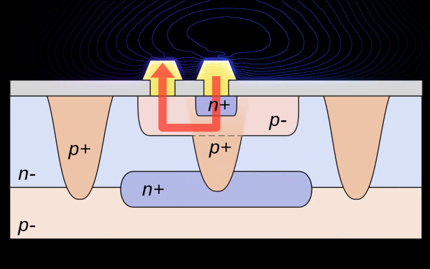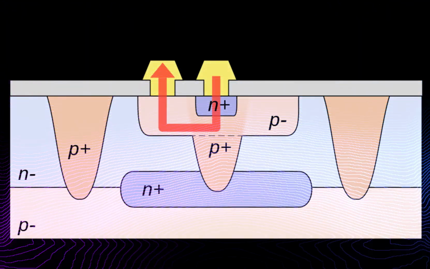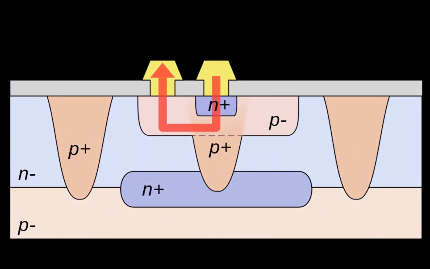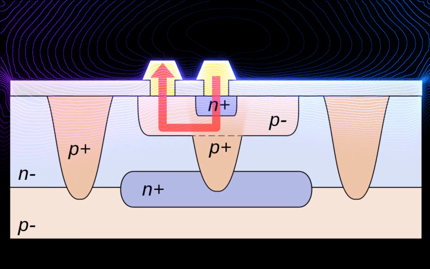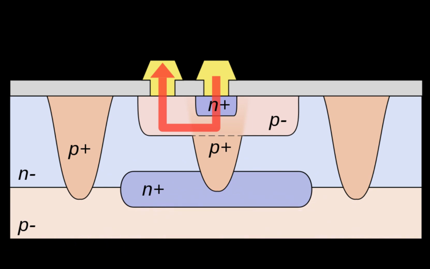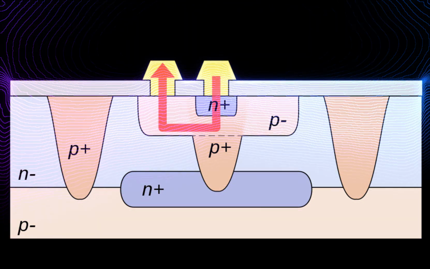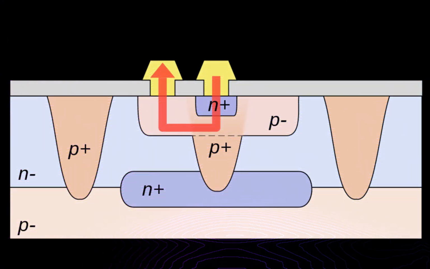Zener diodes are designed to have a specific breakdown voltage so that it will conduct current in reverse when the cathode reaches a threshold voltage. Breakdown voltage can be as low as 2.4 volts and as high as 1,000 volts.